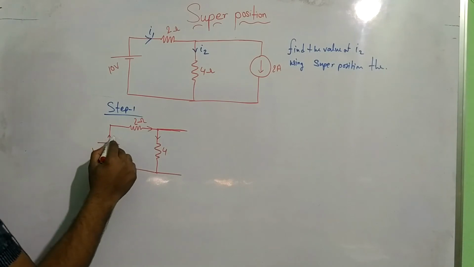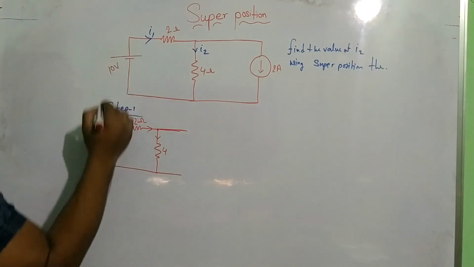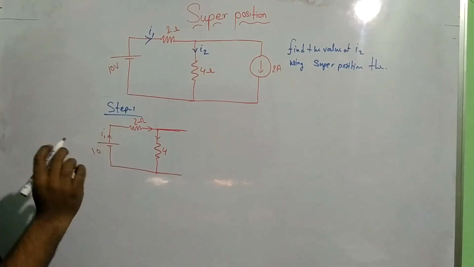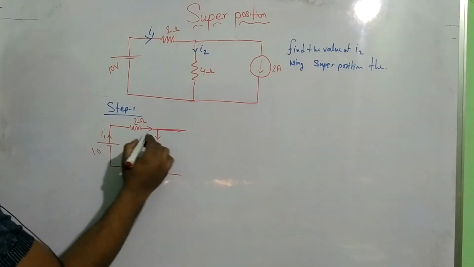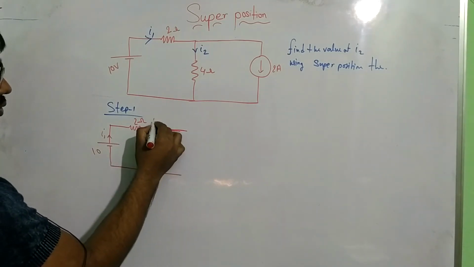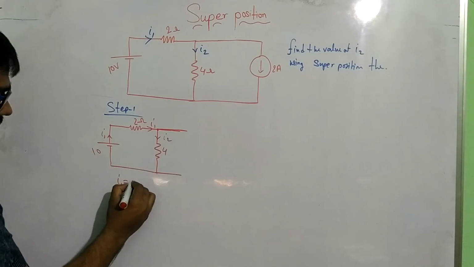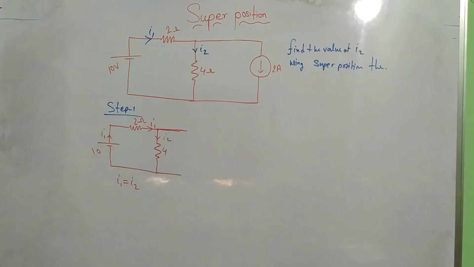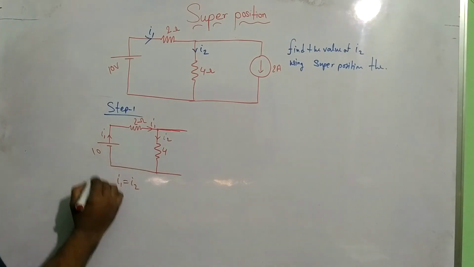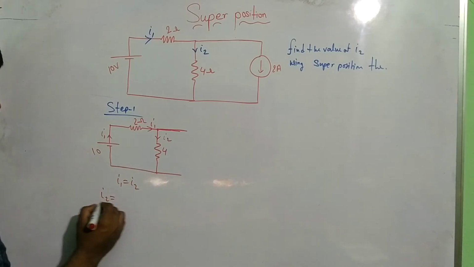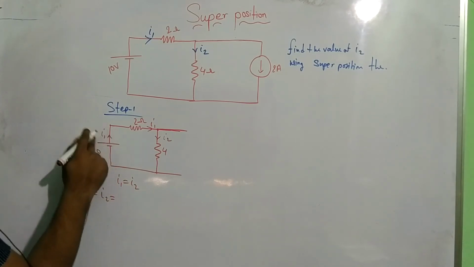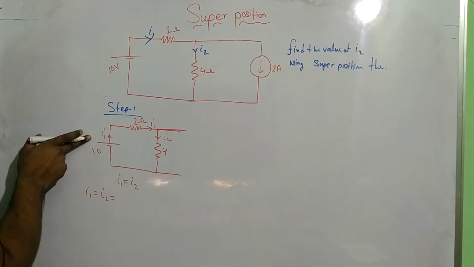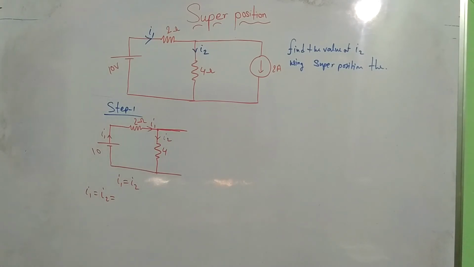Okay, so for this circuit, I1 and I2 are the same. If I1 and I2 are the same, then what is the value of I2? So I2 equals I1, which is the main source current. So how do I find the source current?